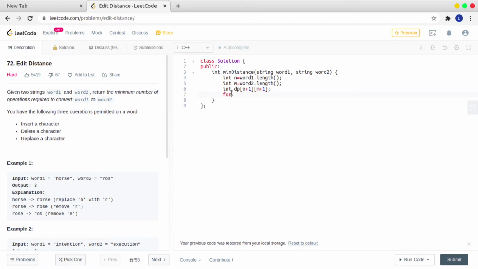So in tabular form we are doing it like this. Your i will be 0, and the cost will be i.